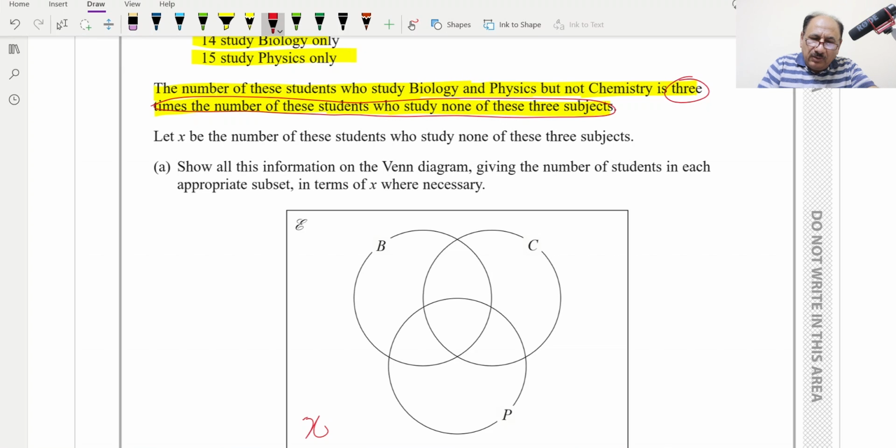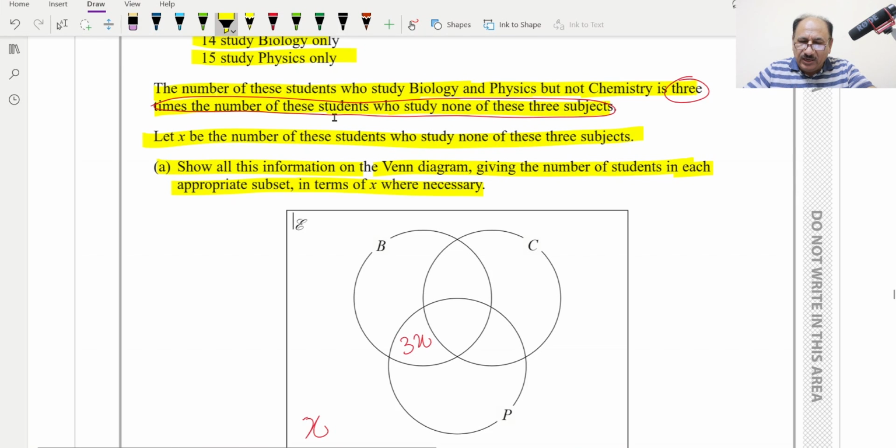So the number of students who study biology and physics but not chemistry, in this region, will be 3x. Hopefully you are understanding. Let x be the number of these students who study none of these, and show all this information on the Venn diagram giving the number of students in each appropriate subset in terms of x where necessary.